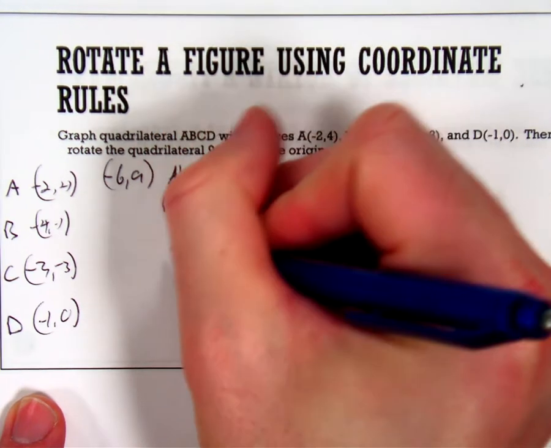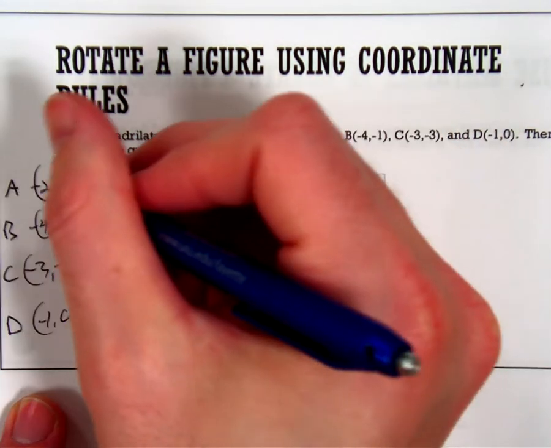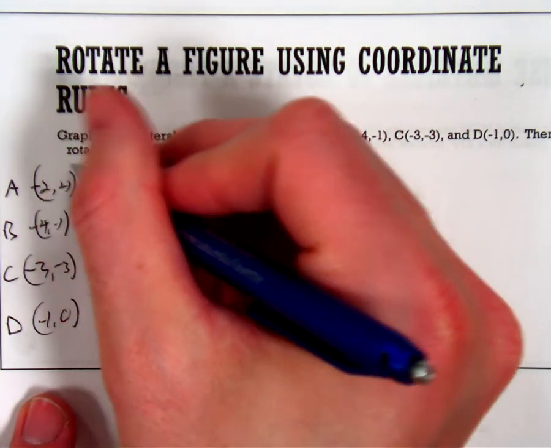A prime, B prime, C prime, D prime. Okay, so this one goes to the back.